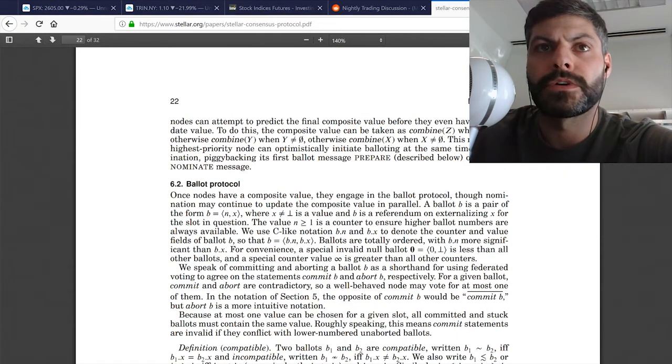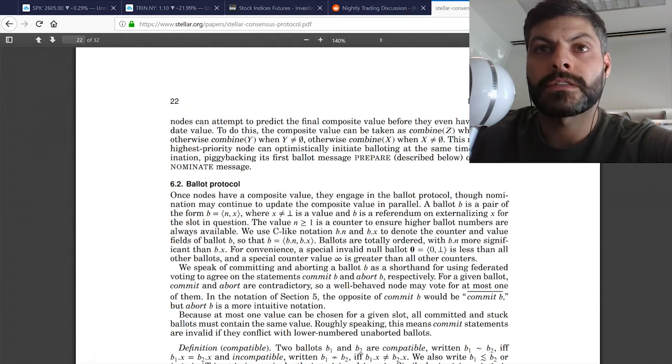6.2 Ballot Protocol. Once nodes have a composite value, they engage in the ballot protocol, though nomination may continue to update the composite value in parallel. A ballot B is a pair of the form B equals the tuple n, x, where x does not equal false is a value, and B is a referendum on externalizing x for the slot in question.